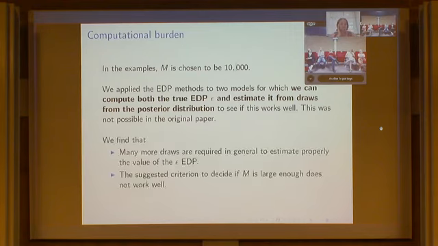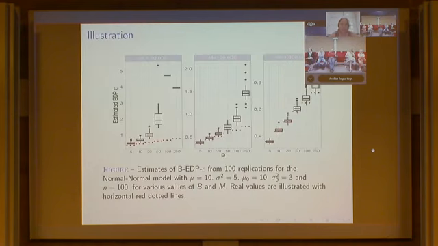We find that way more draws are required than 10,000 in general, and I'll show you a graph in a minute. They also suggested a criterion to decide if M is large enough, and this criterion does not work very well in all of our simulations. And so here's just an example.